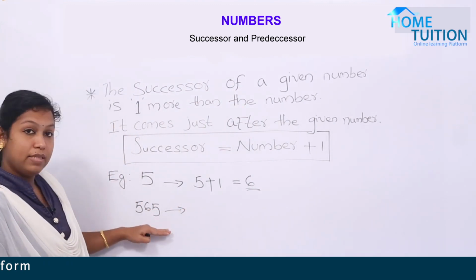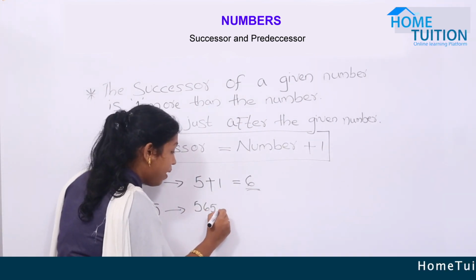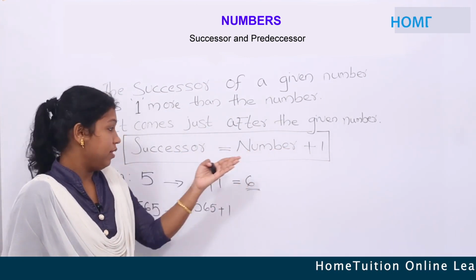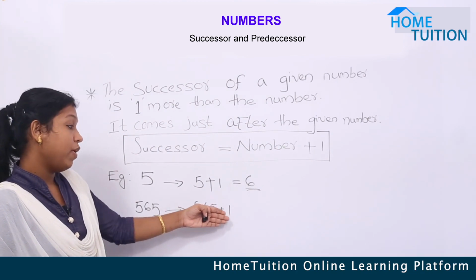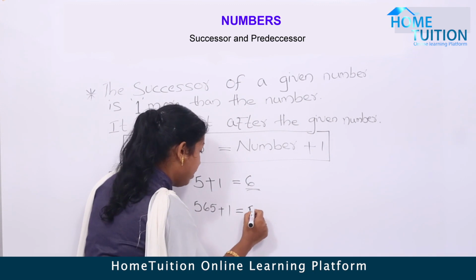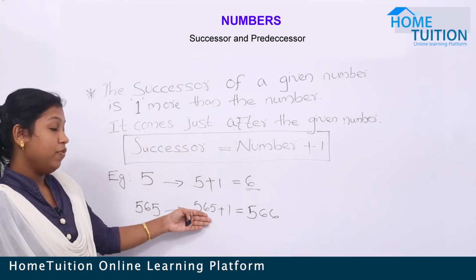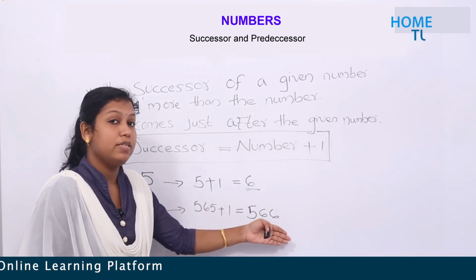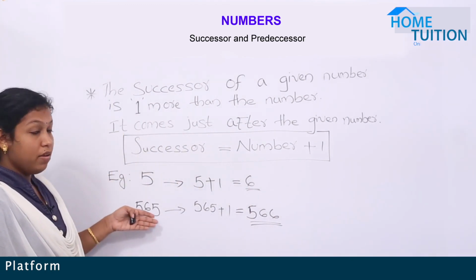The successor of 565 is 565 plus 1, which equals 566. That is the successor of 565.